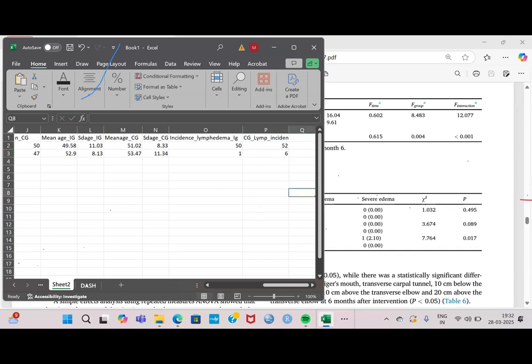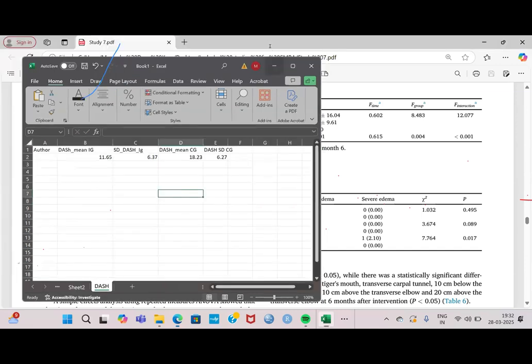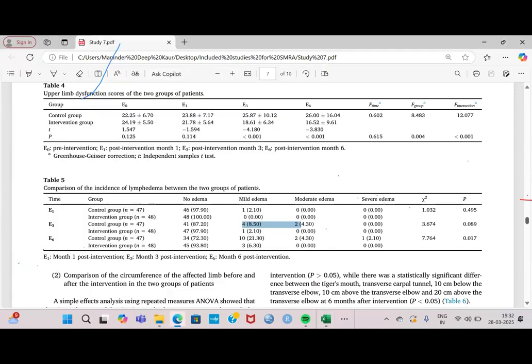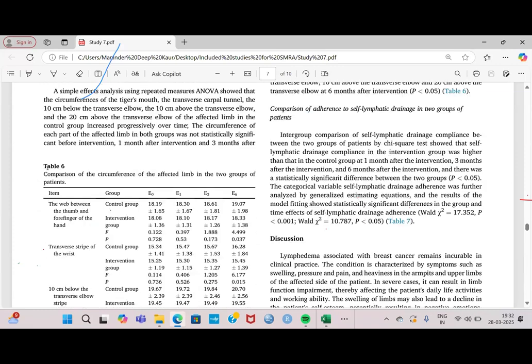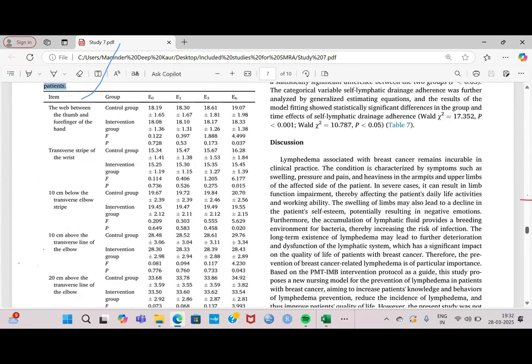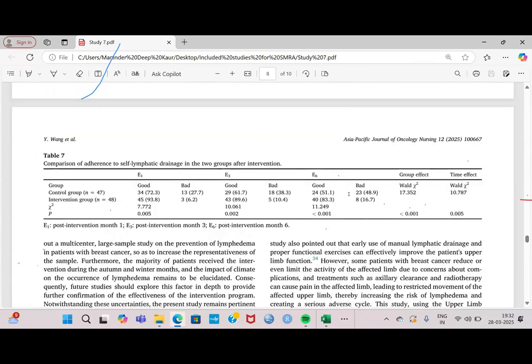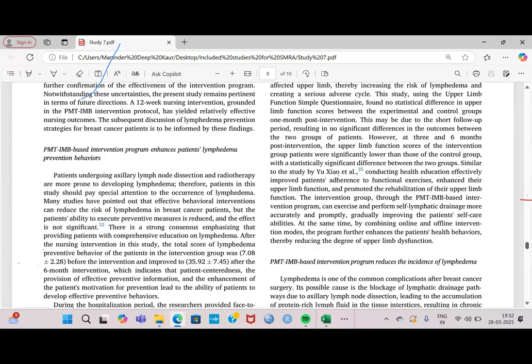So next is the DASH. Whether they have given any information about the DASH. This is the circumference, circumference of the affected limbs. No, this is not my output. Whether yes. No, this is also not, this is self lymphatic drainage. Any other things?